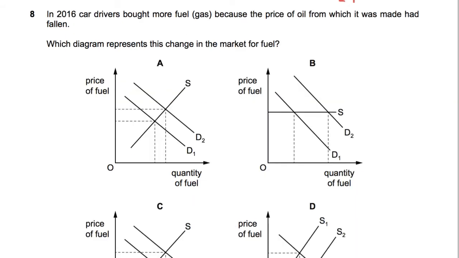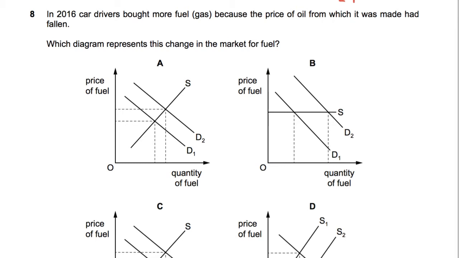In question 8, they say that in 2016, car drivers bought more fuel because the price of oil from which it was made had fallen. Which diagram represents this change in the market for fuel? So what is happening is that people are buying more fuel because it's becoming cheaper.